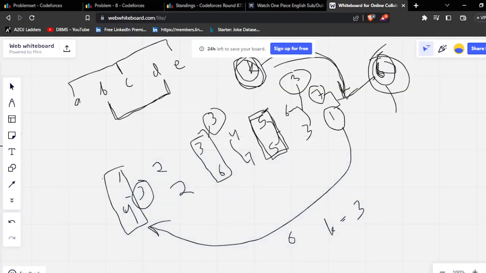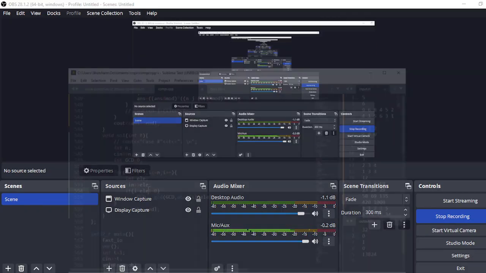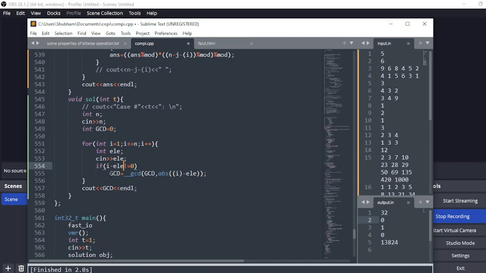Only then we calculate the answer. If it is equal to 0, we won't calculate. Then GCD is equal to GCD of GCD and abs of i minus element. So we are basically calculating the GCD of the absolute values of i minus element for all elements.